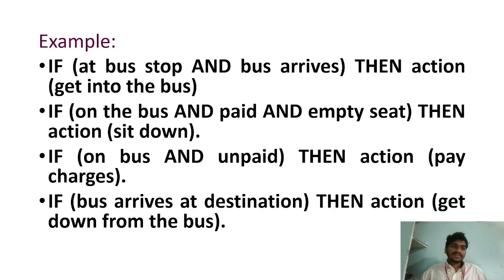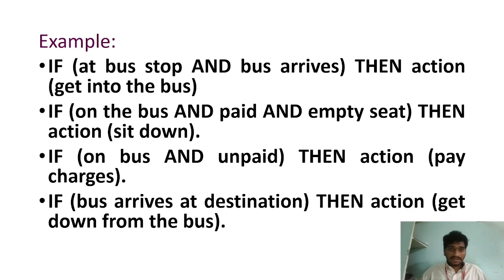For example, the production syntax may be if condition, then action. Some examples: if at bus stop and bus arrives, then action: get into the bus. Second example: if on the bus, unpaid, and empty seat, then action: sit down. If you get into the bus and the seat is empty, then you may sit down.